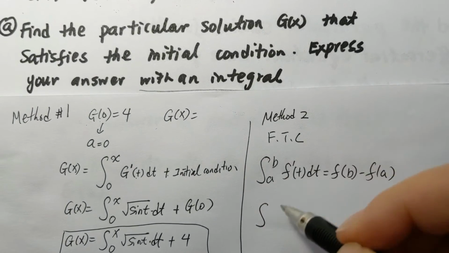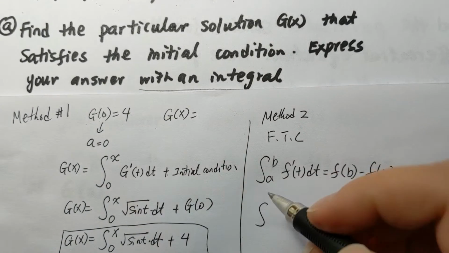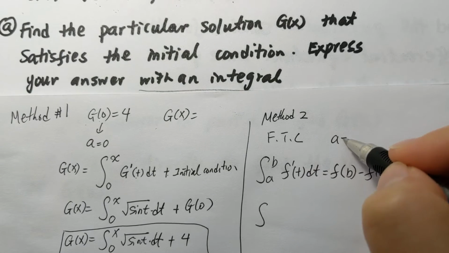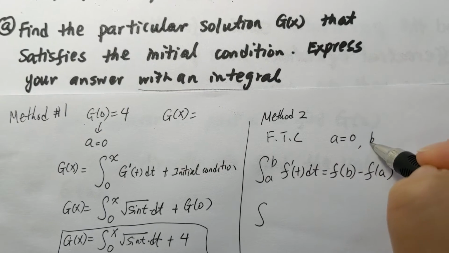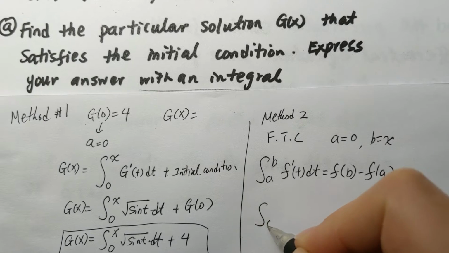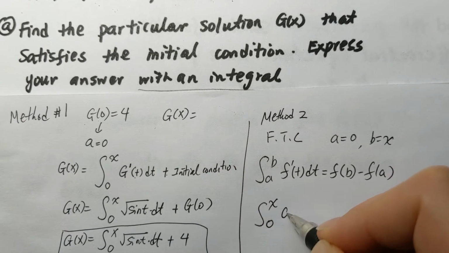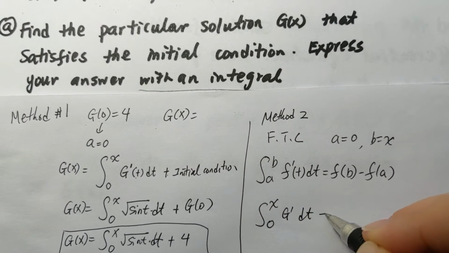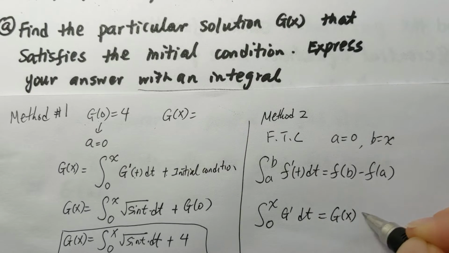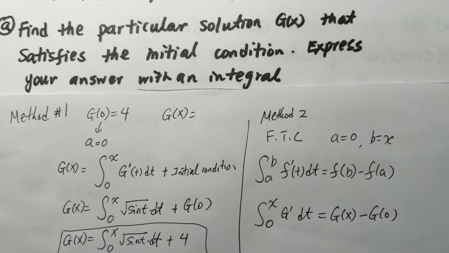So in this case, we just change the letter. So we got a equal to 0, and then we got b equal x. So we get the integral 0 to x of g prime dt, and then we got g of x minus g of 0.